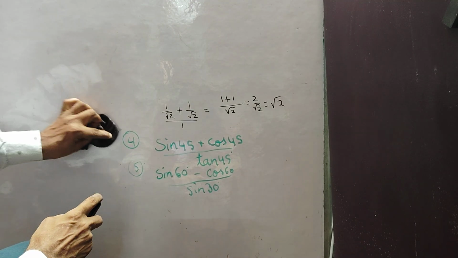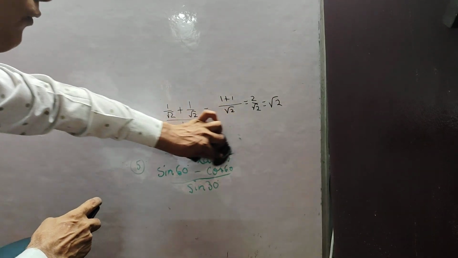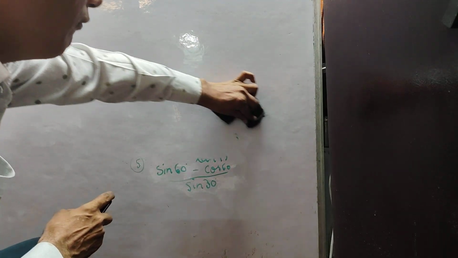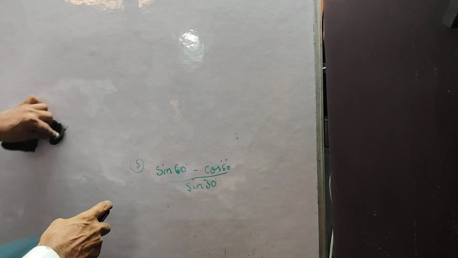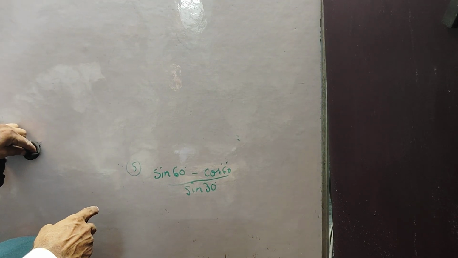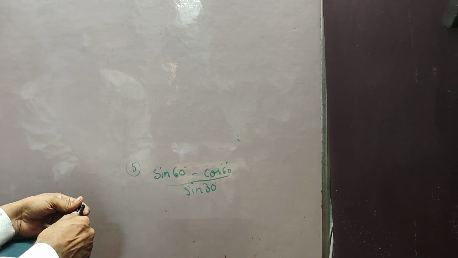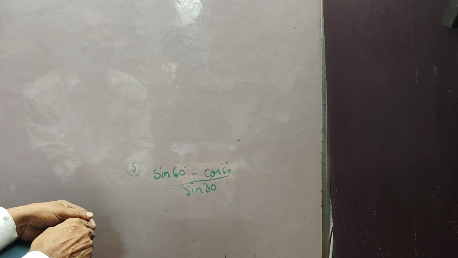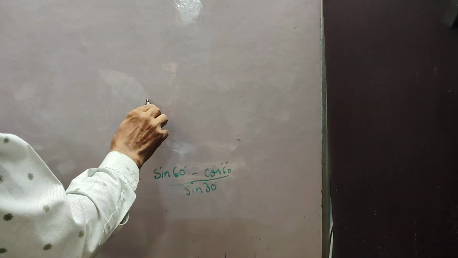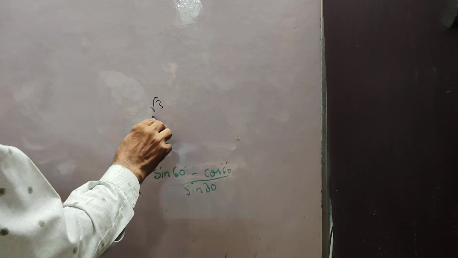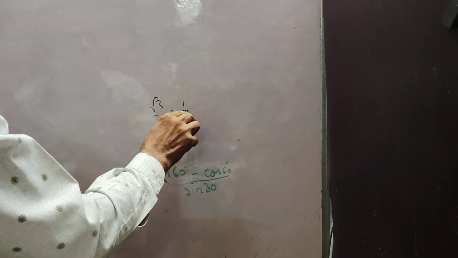Come to question number 5. Question 5 is sine 60 minus cos 60 over sine 30. What is sine 60? Sine 60 is square root 3 over 2. And what is cos 60? Half.